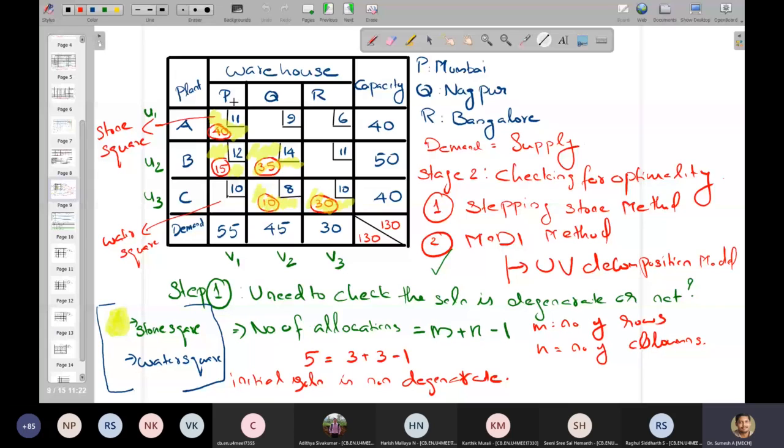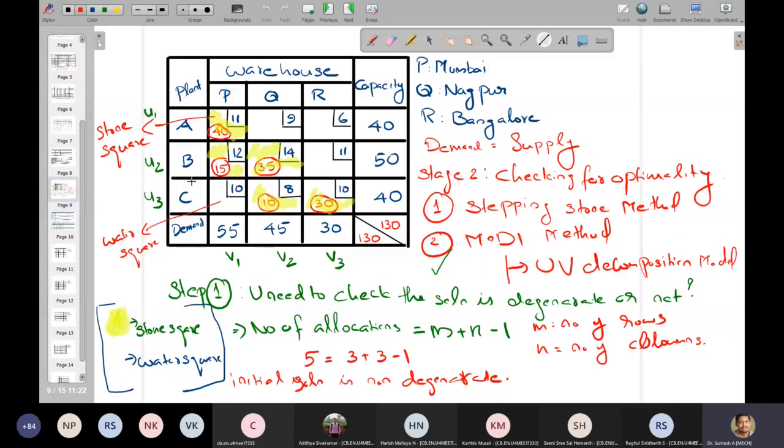Okay, U1 plus V1 equals 11. Same way, BP equals U2 plus V1 equals 12. Here BQ it will be U2 plus V2 equals 14. Okay, so that's the way I can write the equation.